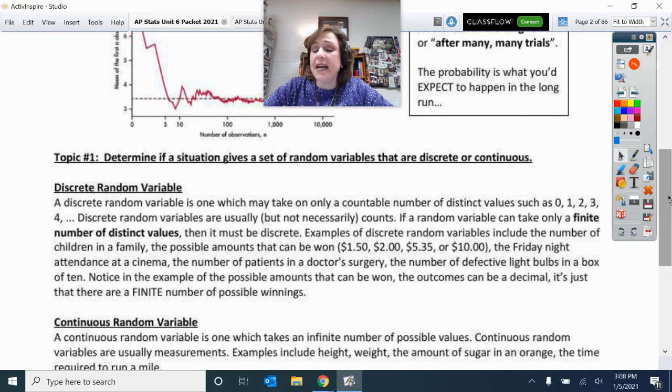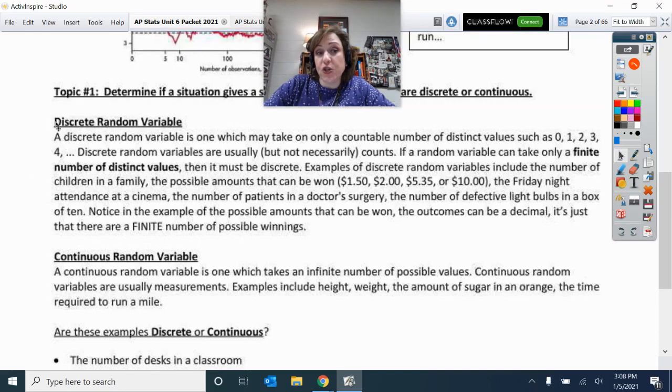Okay. Now, just real quick, want to revisit this idea of discrete versus continuous. Those discrete events were a finite, countable amount of options. So like you can have a finite amount of shoes in your closet.